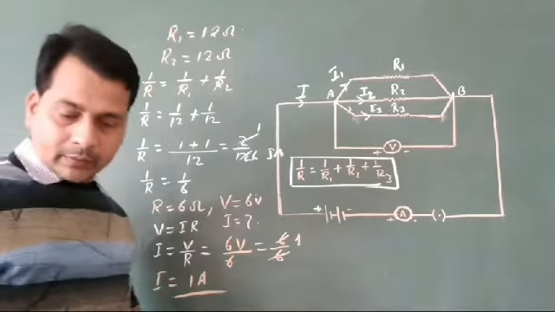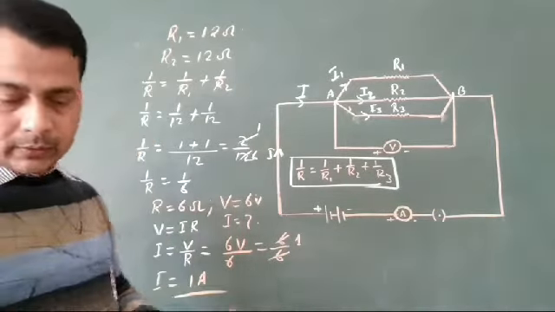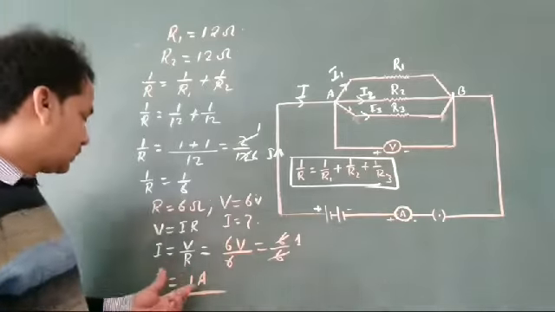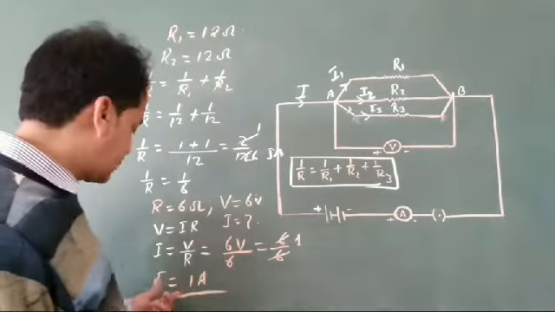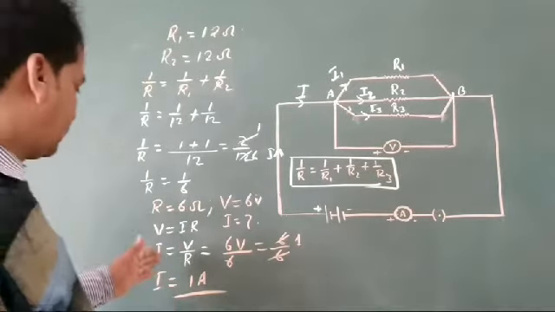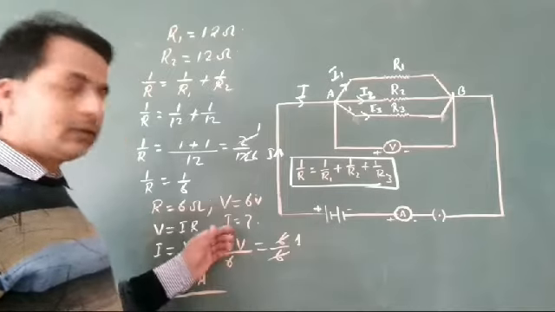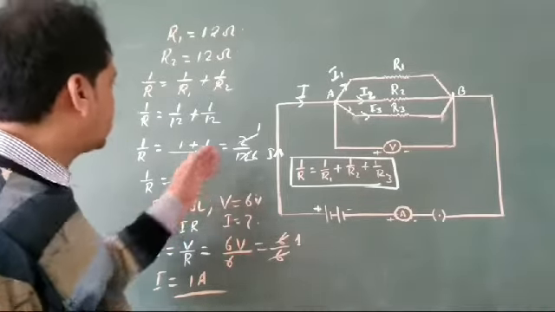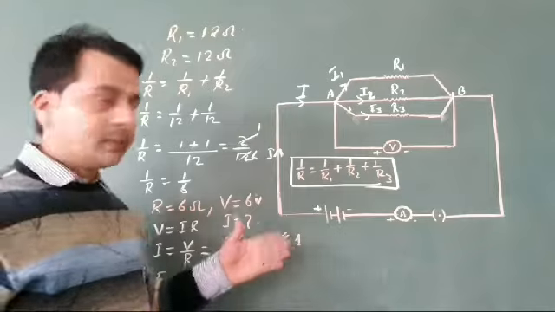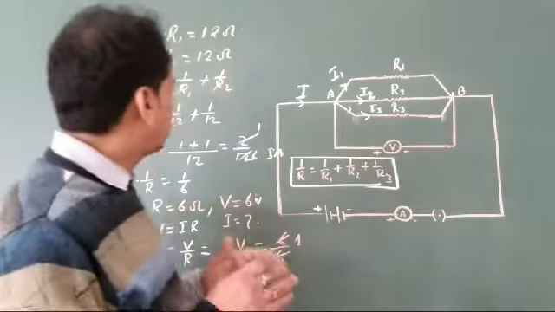According to the question, find the current from the battery. So the current from the battery is 1 ampere. The potential difference is given as 6 volt, and the equivalent resistance here is 6 ohm, because the two resistors are combined in the parallel combination.